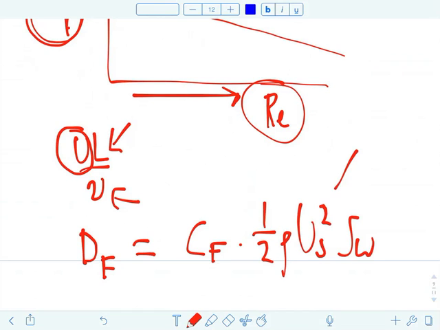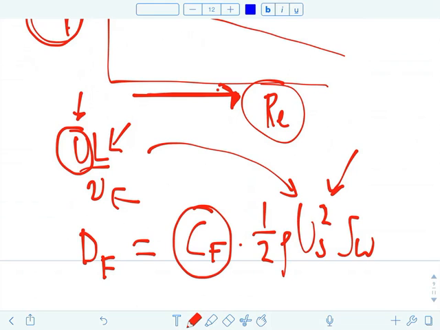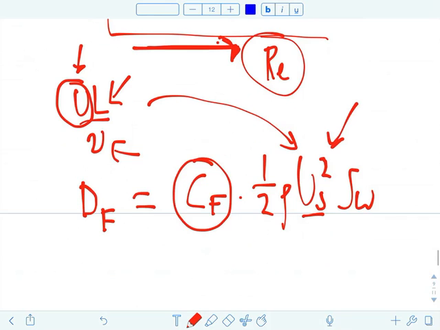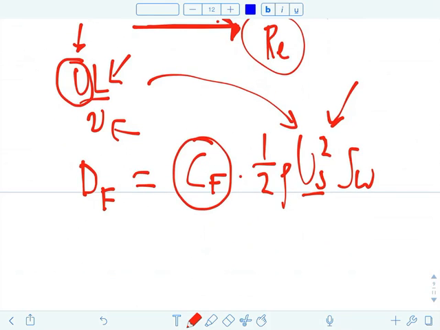Note the U ship squared in here. Because I might be increasing Reynolds number by increasing the ship velocity, here I have a ship velocity squared in the numerator. So even though CF might be decreasing with Reynolds number, the drag will still go up, because there's a quadratic dependence on the right-hand side here, even if everything else is constant.